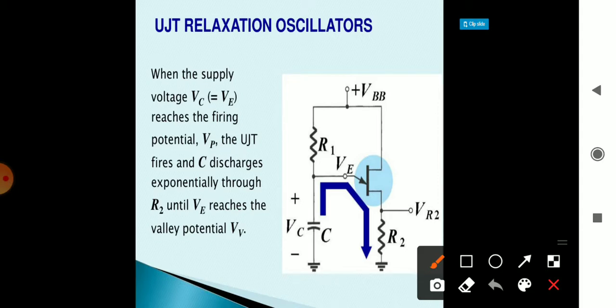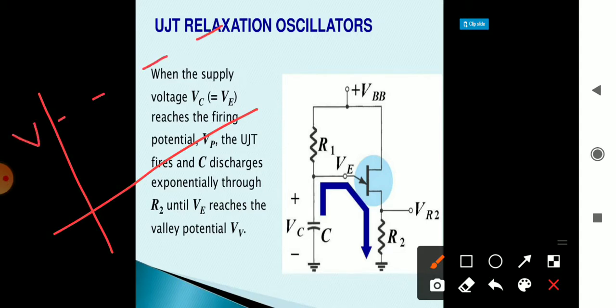If this is my VP value, that is the condition to turn on the UJT. This is the peak point. At the beginning, the capacitor starts to charge through resistor R1. When it reaches the value of VP, the condition to turn on the UJT is satisfied.